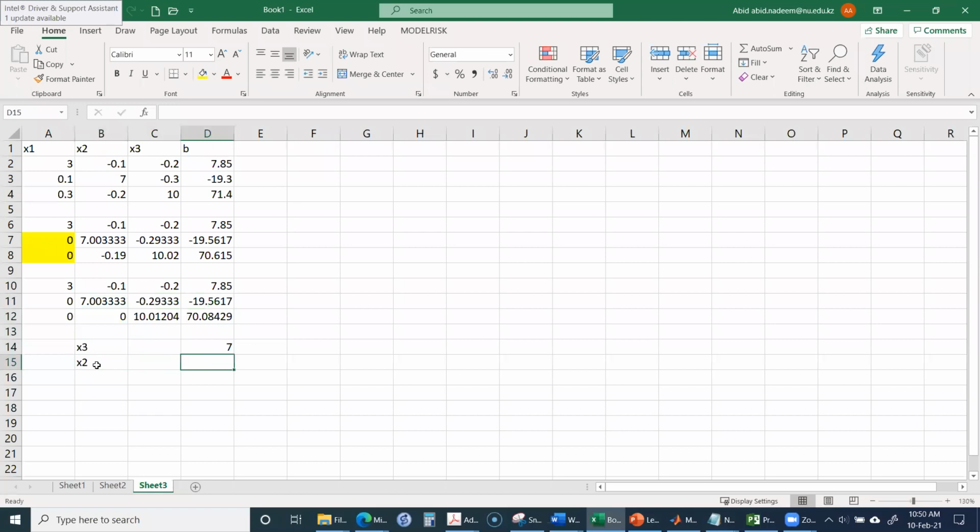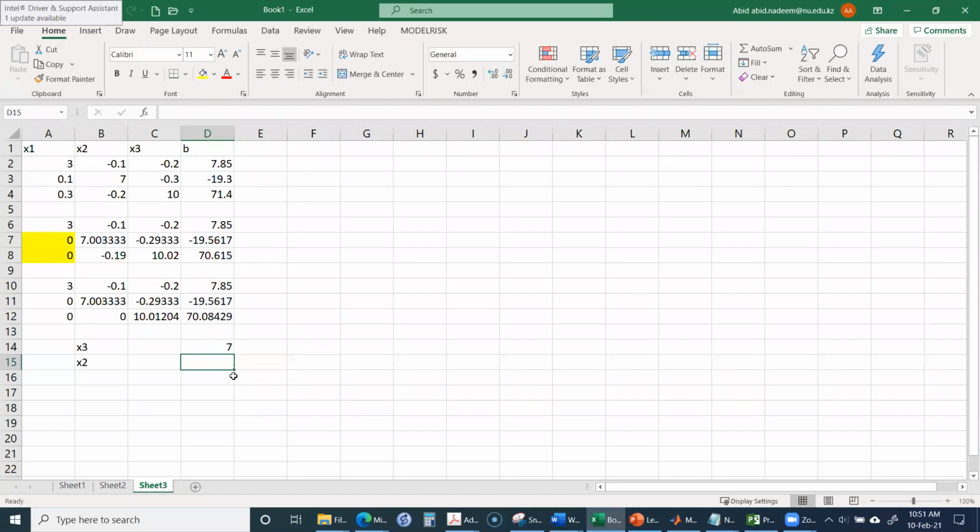For x2, I will take this value minus this value multiplied by the value of x3, and then the whole divided by. x3 should be 7, I guess.